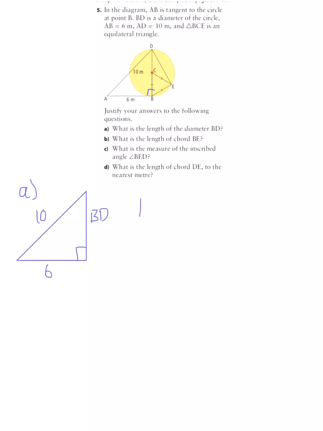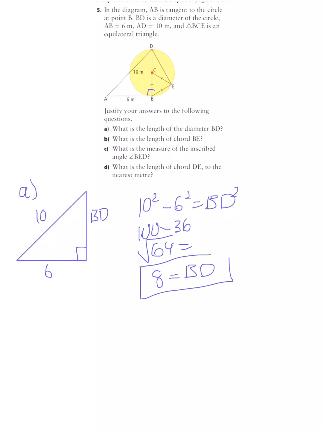We're going to go 10 squared minus 6 squared equals BD squared. 100 minus 36 is 64, square root, so BD is 8 meters. So we solved that with Pythagorean.